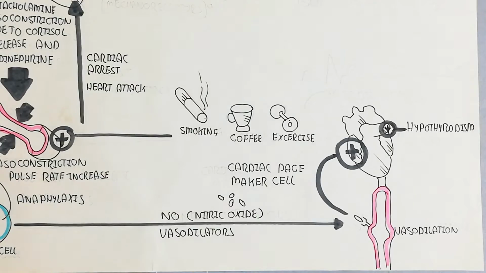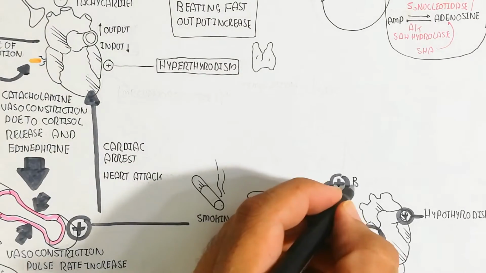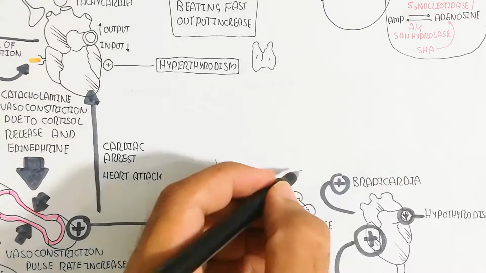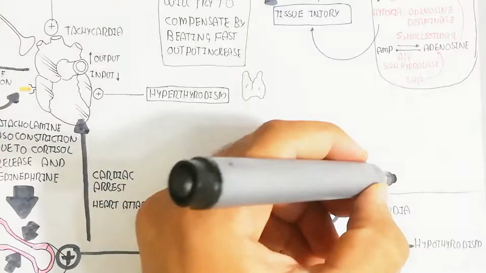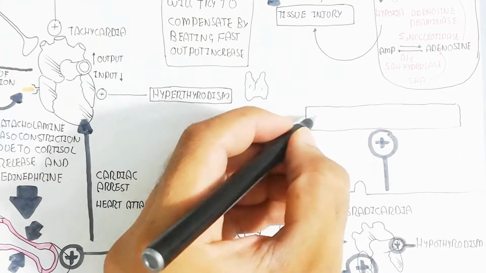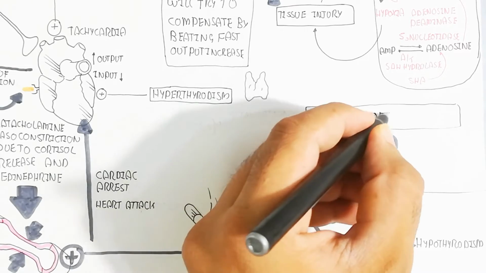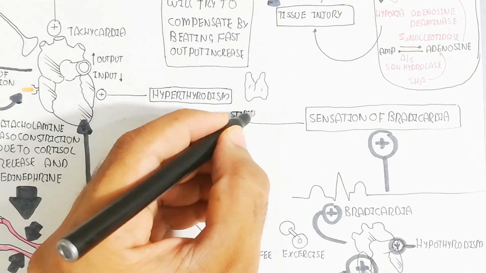And after this vasodilation, the hypothyroidism is also involved, and bradycardia basically occurs. This bradycardia means the decreasing of the heartbeat due to the more volume of the vasodilation, and this vasodilation will lead to a decrease of the heartbeat.